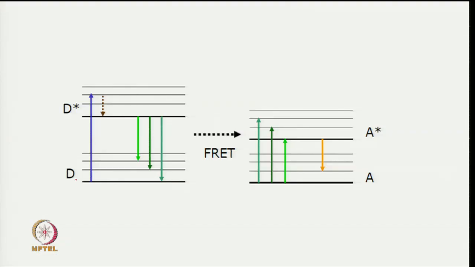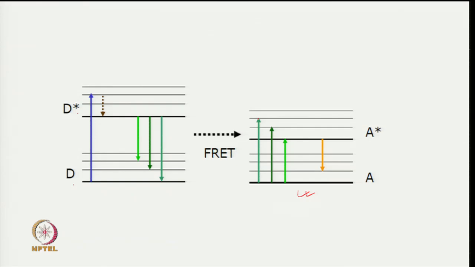So what happens is that D goes to D star, and from there a non-radiative transfer of energy to the acceptor occurs, and due to that the acceptor undergoes emission.